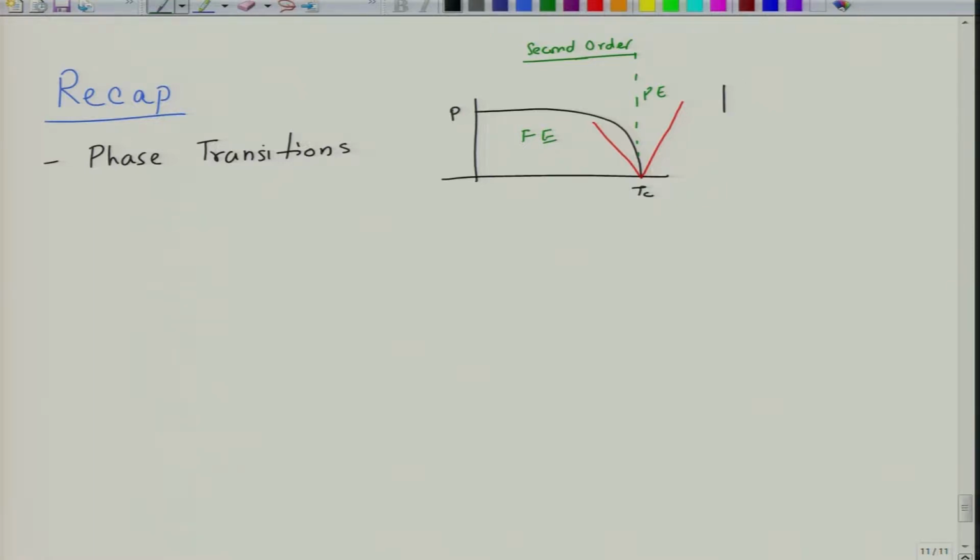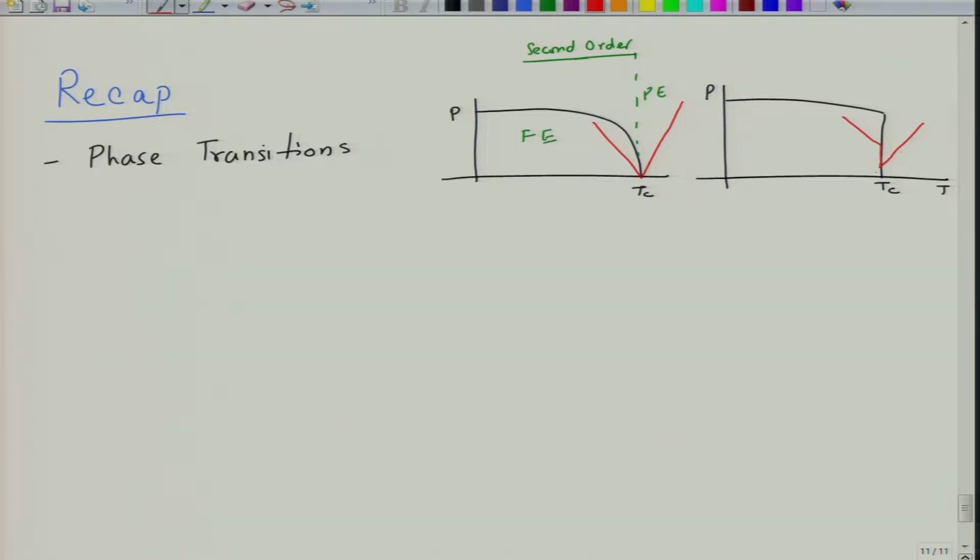If you look at the first order, it shows a different behavior. When you plot P versus T, the polarization suddenly drops to 0 at Tc. So, this is an abrupt change in polarization, and the susceptibility change is manifested in this fashion.